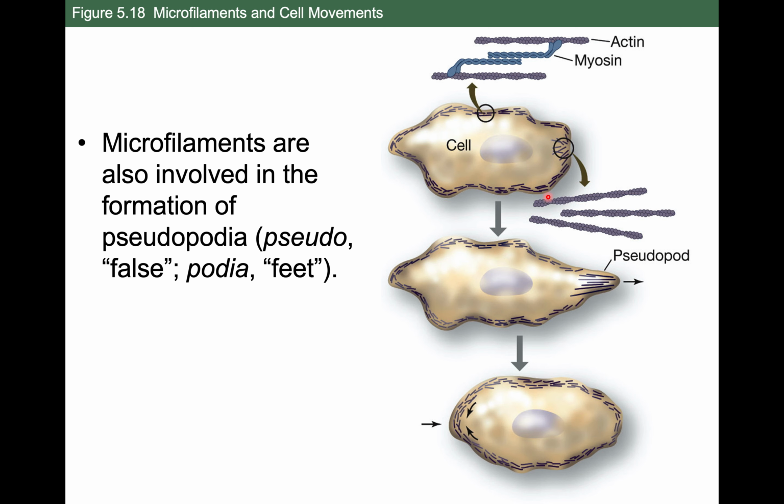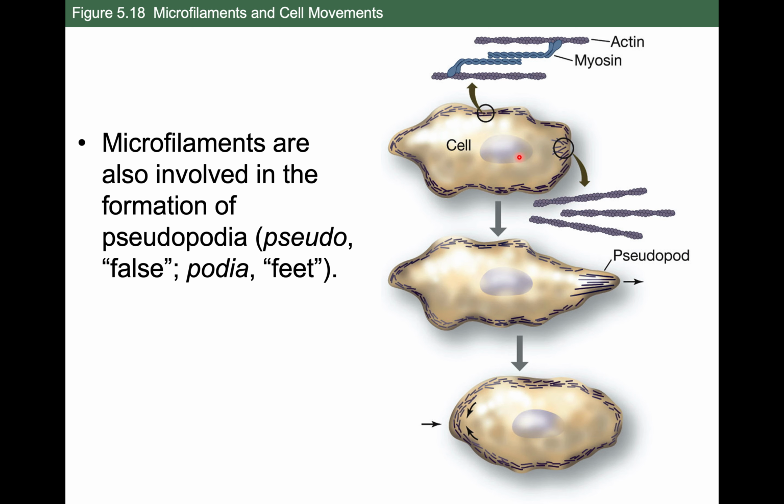But what you see here is a cell, and you'll notice just under the plasma membrane you have this network of microfilaments. And those microfilaments are associated with this myosin motor protein. This is almost like a miniature muscle tissue just under the surface of the cell here.